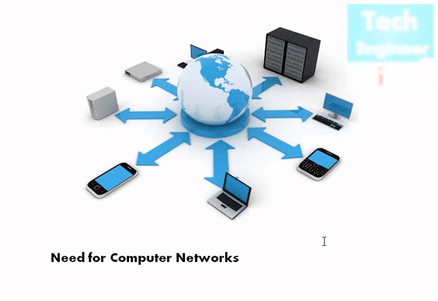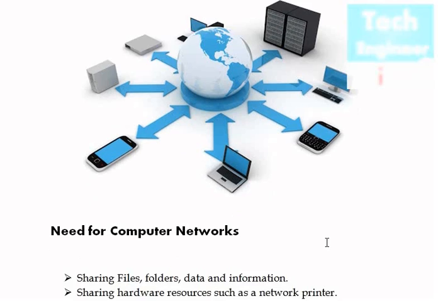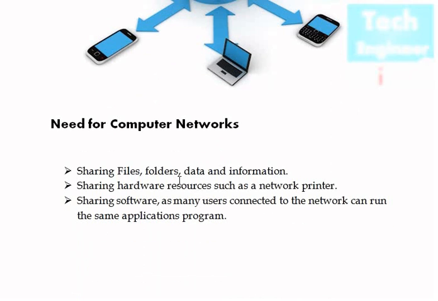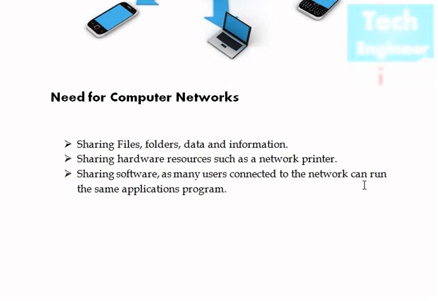So two devices need to connect with each other to share resources, and that sharing is known as a computer network. So the needs for computer networks are sharing folder data and information, sharing hardware resources such as a network printer, and sharing software, as many users connected to the network can run the same application programs.